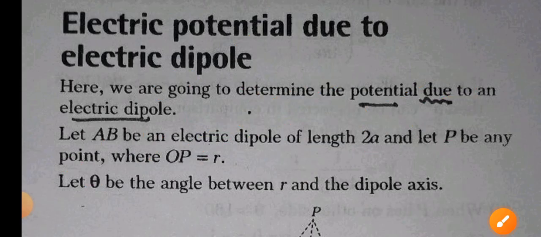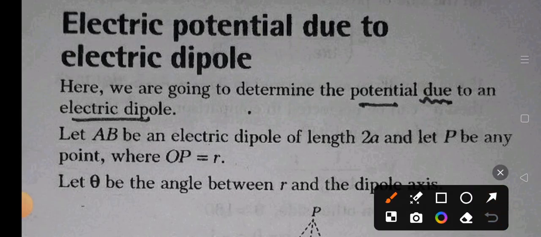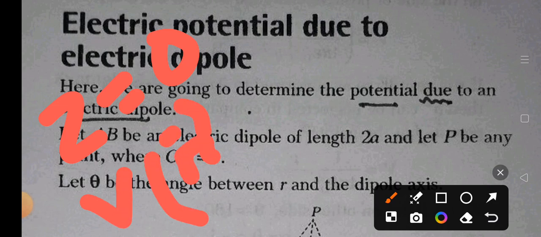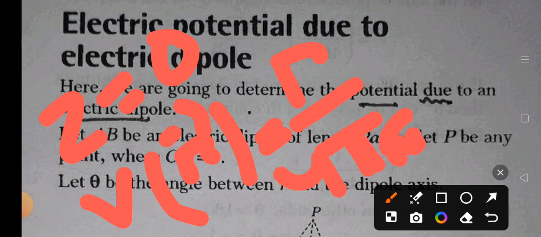All clear? Case 2, a point situated on the equatorial line. So z is equal to 0 for all the points situated on the equatorial line, so V is equal to p upon 4 pi epsilon naught into 0 upon r cube, which is equal to 0.